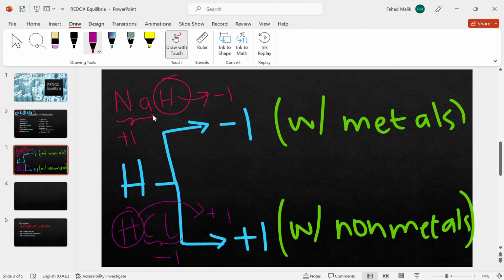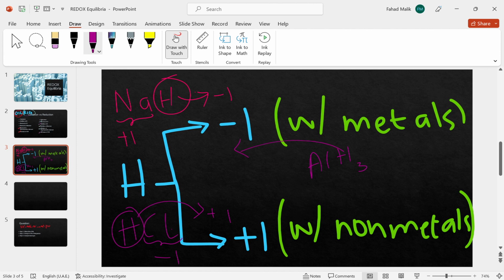Here we're saying the same thing, that hydrogen is -1 when it's attached with metals, like sodium hydride. Similarly, calcium hydride: calcium is 2+, and hydrogen will be -1. Aluminium hydride: aluminium is +3, so your H is going to be -1, right?